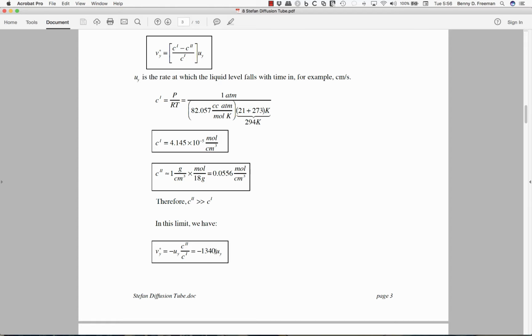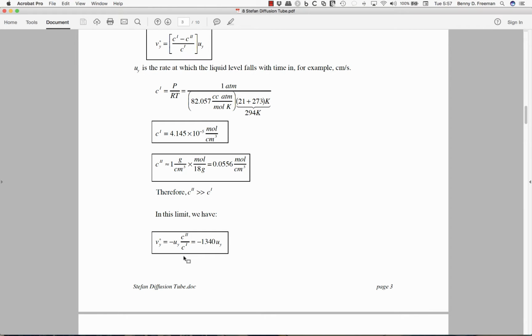Now what that means is, if the liquid vapor interface is decreasing at a certain rate in, let's say, centimeters per second, then as you convert that liquid to gas, the gas has a much lower density, and so in order to move that amount of material away from that gas-liquid interface, the gas phase velocity has to be 1,300 times higher, essentially, than the rate at which the liquid level drops, and that's simply because of the vast difference in concentration of material in the liquid phase and in the gas phase.